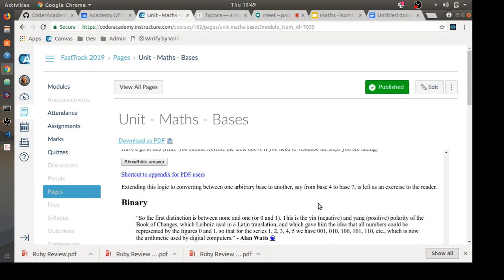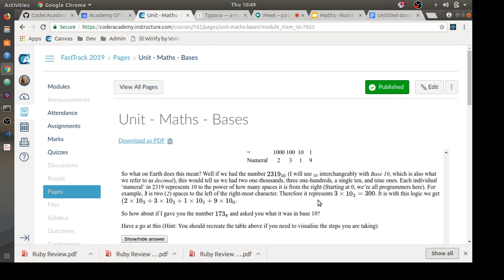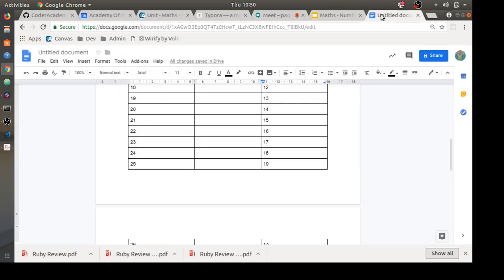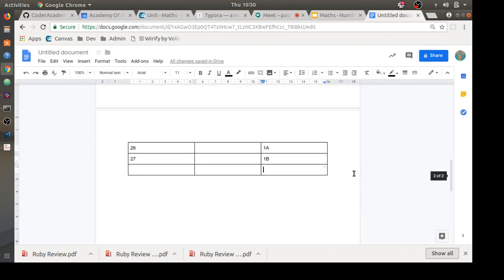And I talked about how if we want to go from, say, base 4 to base 7, let's look at that. If I have a number, say 17 in base 10, and I want to represent that in base 4, what is the process that I follow to do that?